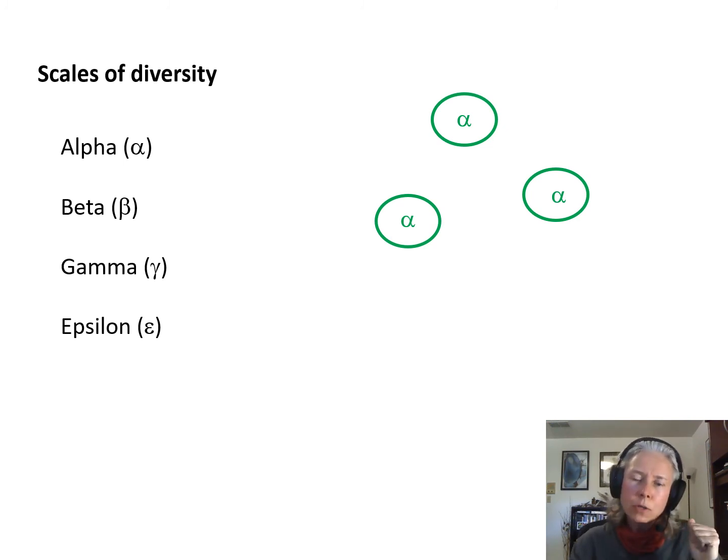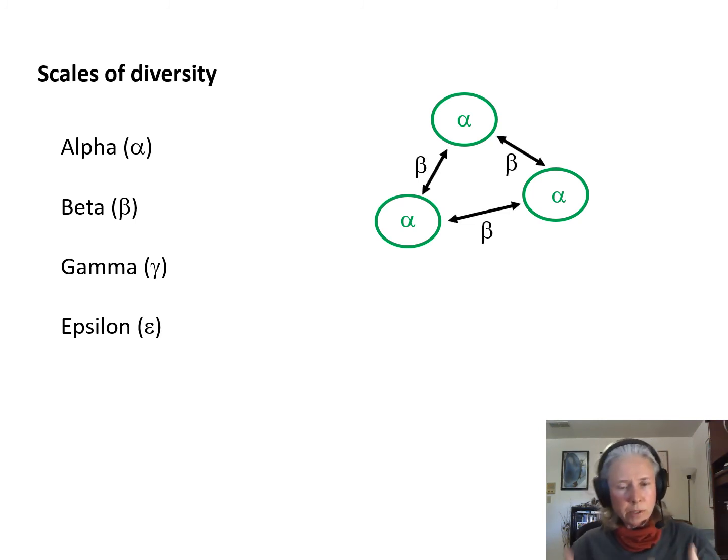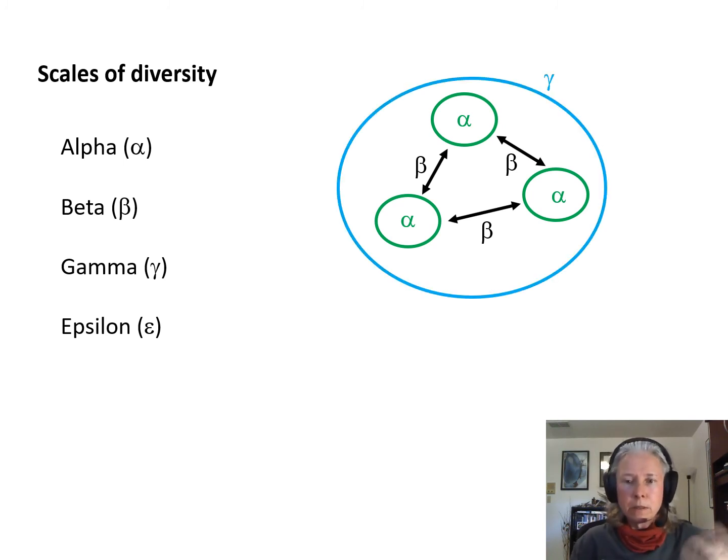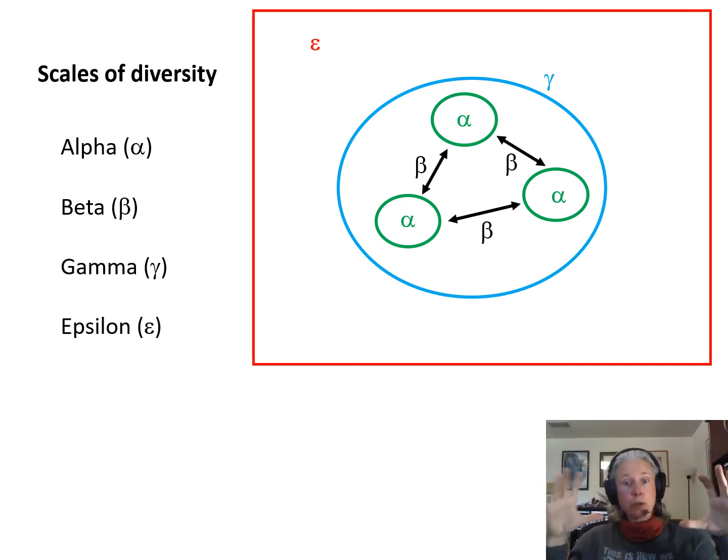Then you can also compare the differences among these, and that is beta diversity: what species are shared among these patches versus which ones are unique to each one. And then you have the overall diversity, which is gamma diversity, the landscape diversity, a landscape being comprised of multiple habitat types. And then finally you've got the whole biome that you're talking about, and the biome's species pool, and that's epsilon diversity.